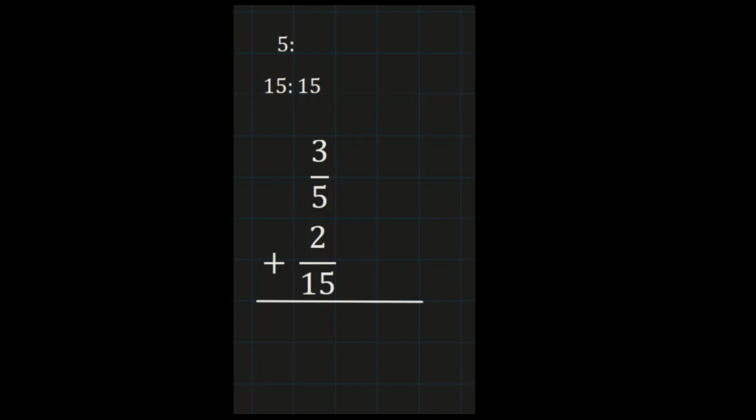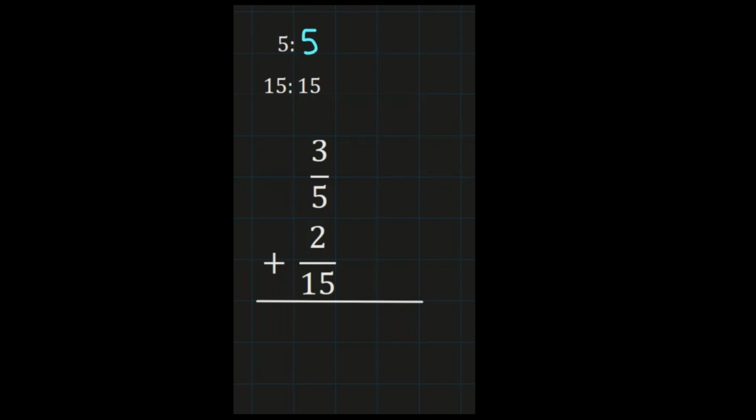Using this least common multiple to find our common denominator may take a little bit of time. So let's look at some ways we can use this idea, but possibly not write out as many of our multiples. So this time we have 3/5 plus 2/15, and we're going to need a common denominator. And ideally we want the least common denominator.